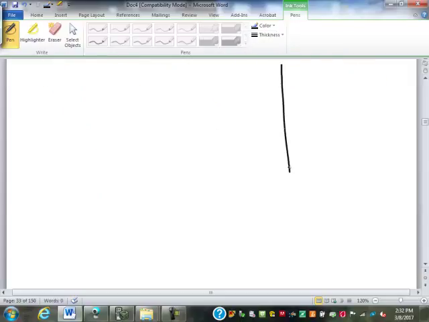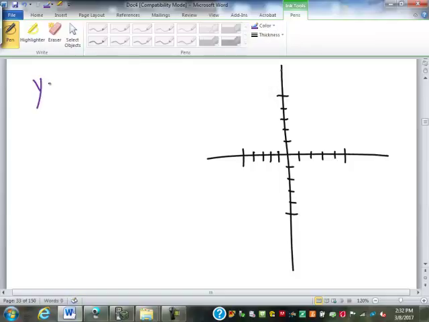So let's do some more graphing here. Let's say we have y equals 3x minus 2. So we're going to start at the origin always. From there, where are we going to go? Down 2. Very good.